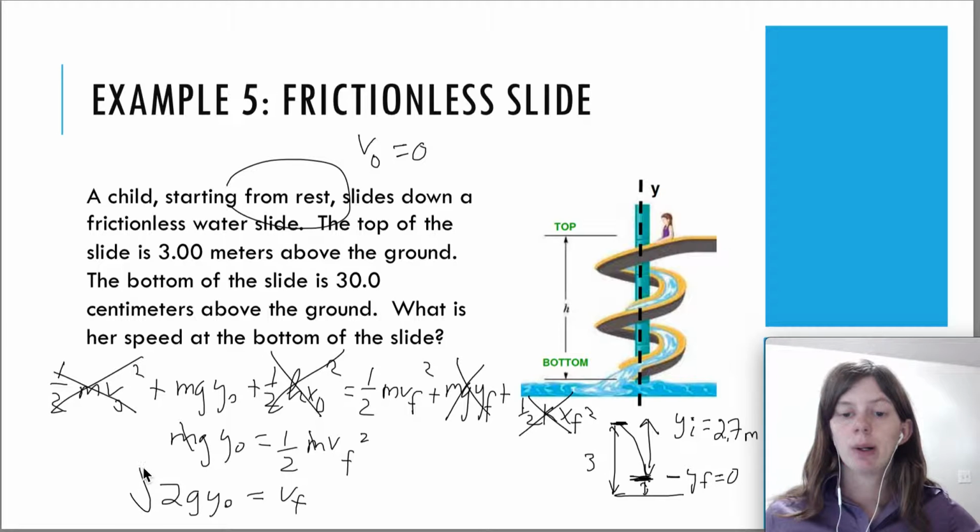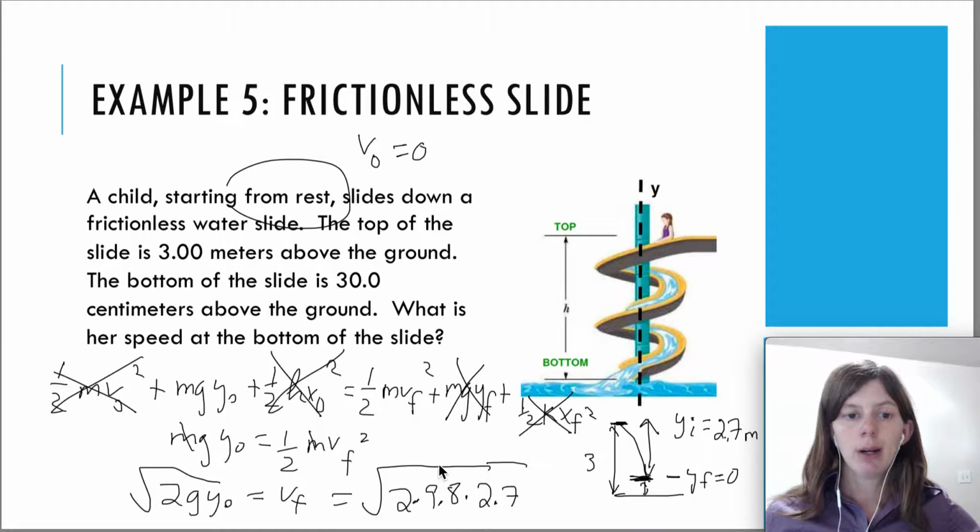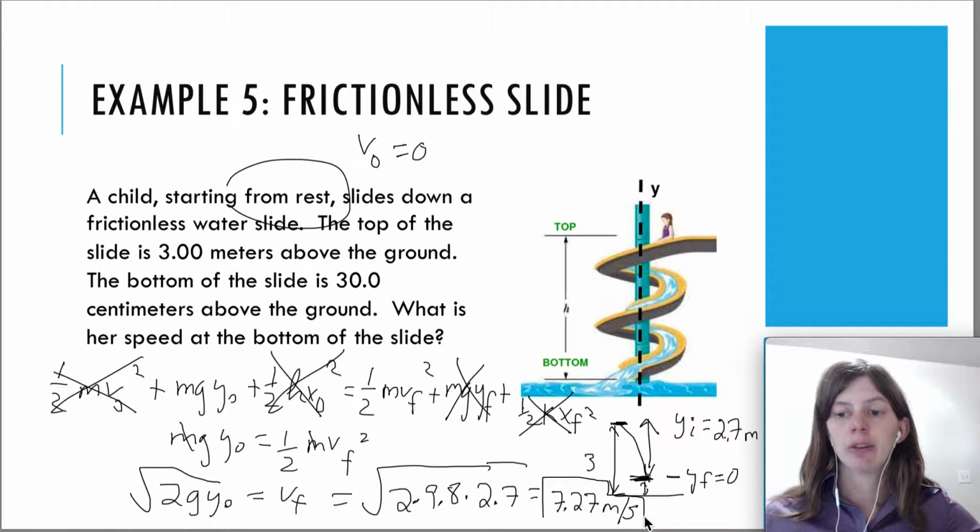Then we're going to take the square root to get vf by itself. And now we can plug in the numbers. The square root of 2 times 9.8 times 2.7, which was our initial height. Plug all of that in, and I got 7.27 meters per second. So that's our final answer.